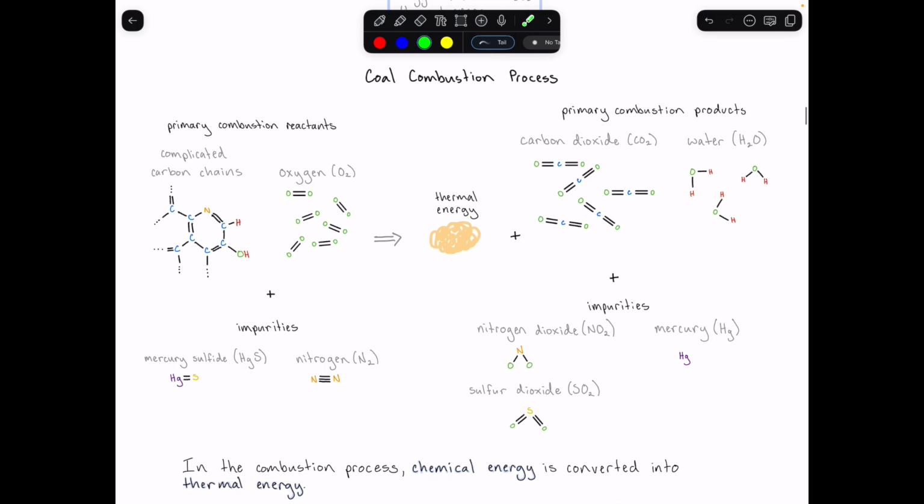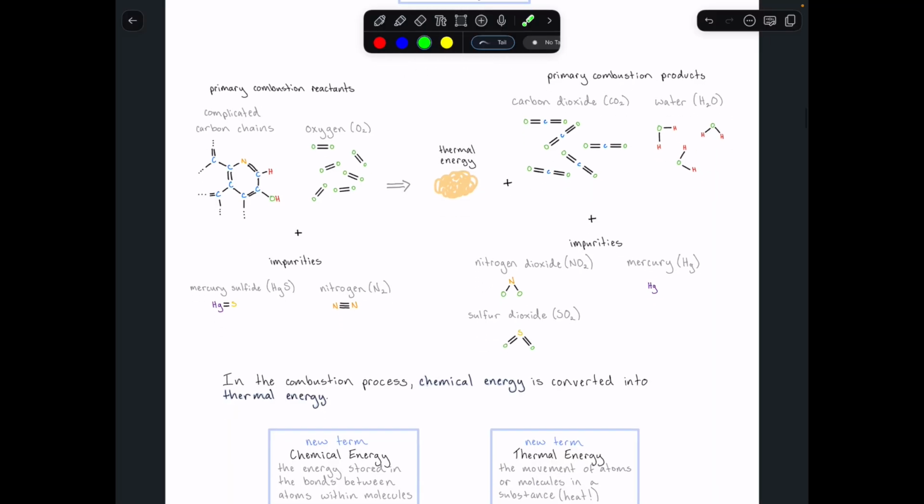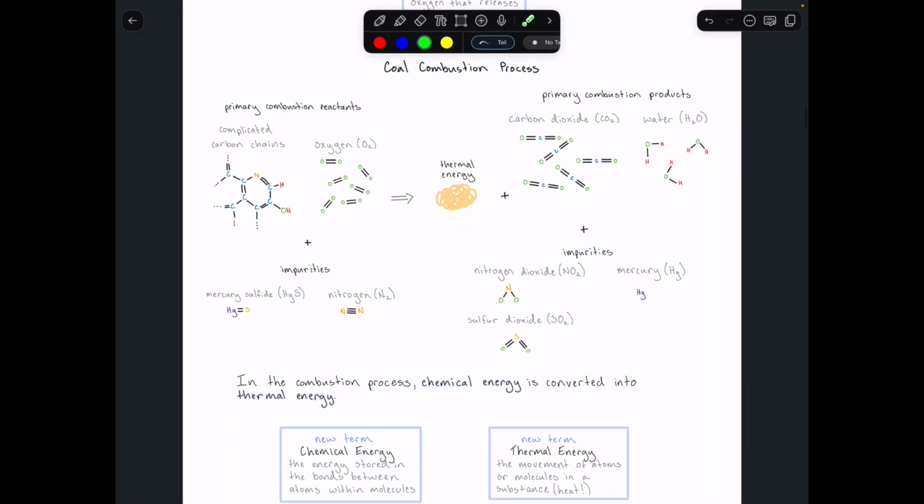And in the combustion process, what's happening from an energy standpoint is that chemical energy is being converted into thermal energy. If we look at the complex carbon chains that make up coal, there are these little black lines, which are the bonds between the atoms within the molecule. These bonds contain energy.